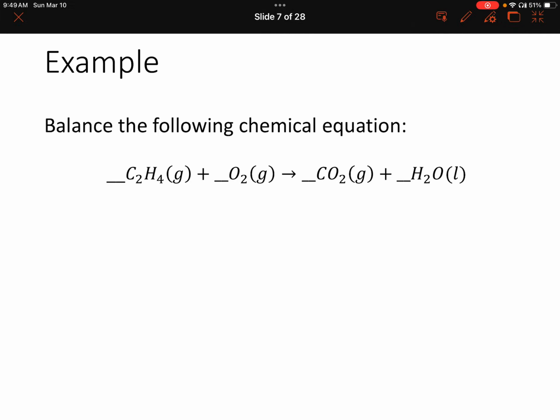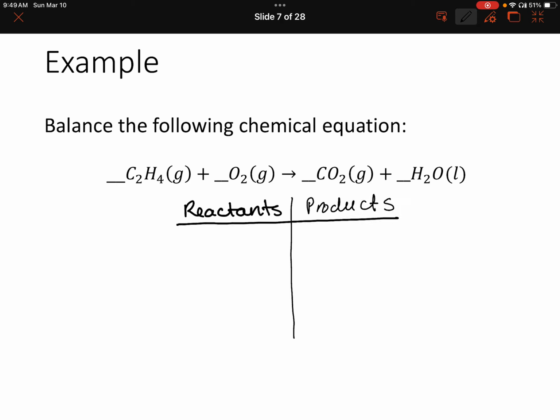All right, so I'm going to make that same table that I made before. So reactants on the left and products on the right. Now in this reaction, we have a molecule C2H4 reacting with oxygen, and both of those are gases.